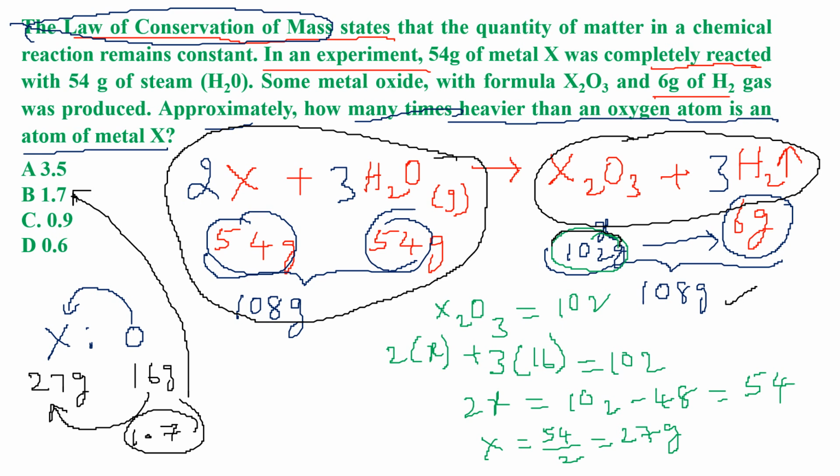From this you calculate X. X is equal to 27. So 27 grams of X is present and 16 grams of oxygen. Finally, it is 1.7 times greater. He is asking how many times, and the answer is 1.7 times. Answer is B. Thank you. Next question.